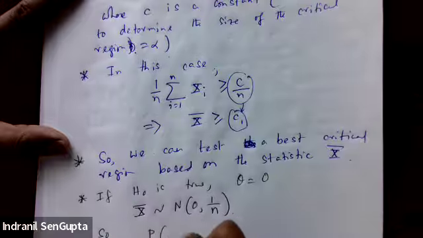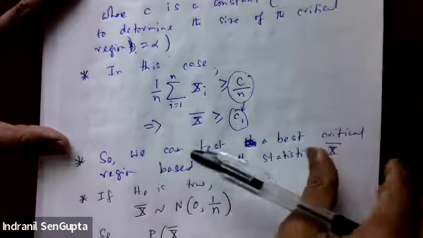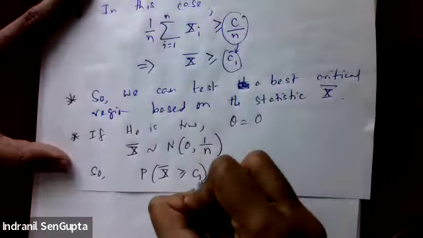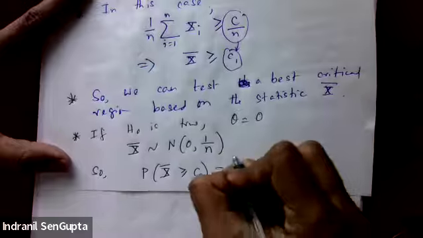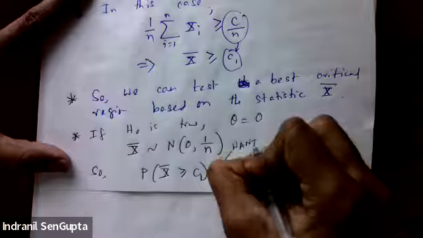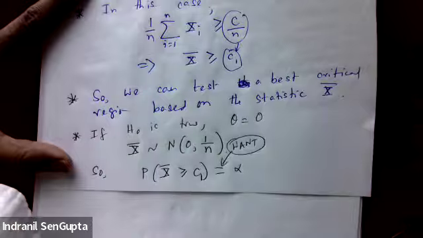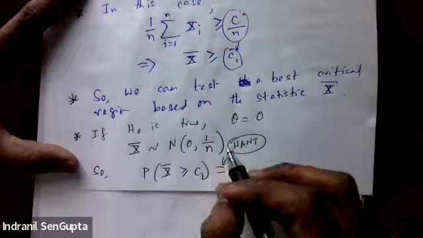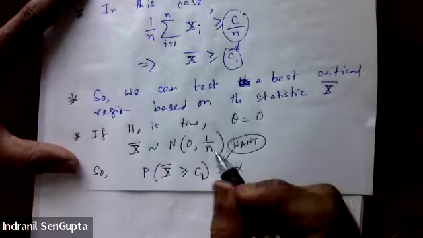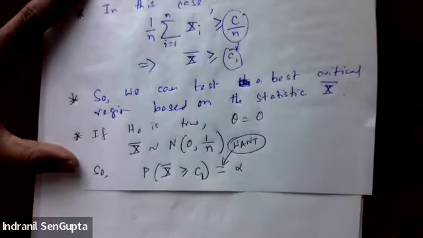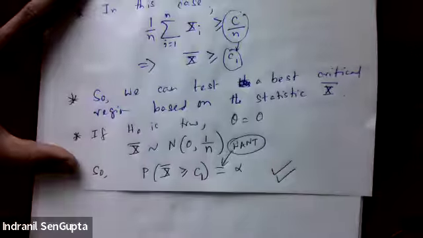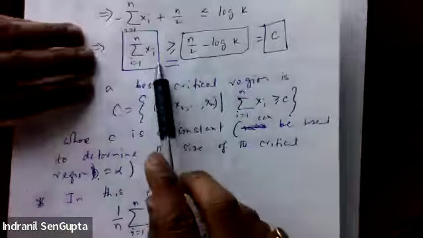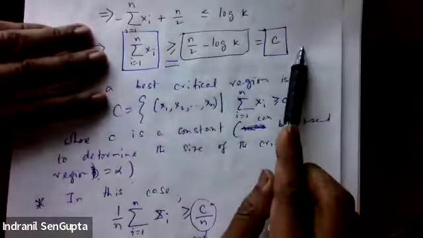So the probability of X bar bigger than or equal to C1, we want to be equal to alpha. So this is what we want, and that is basically the test. Note what we did. We want this to be satisfied for being the best critical region.